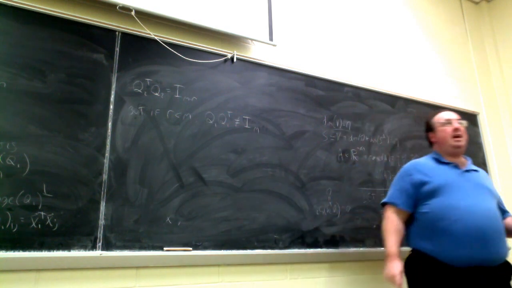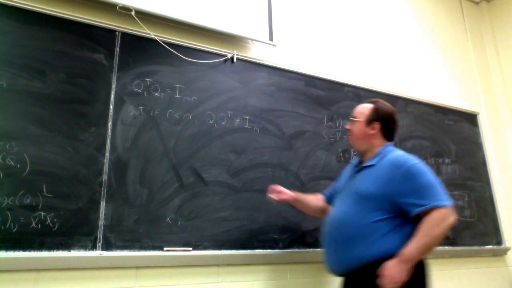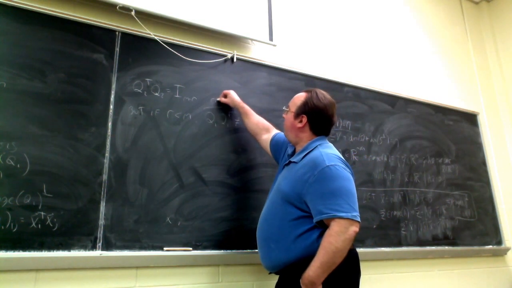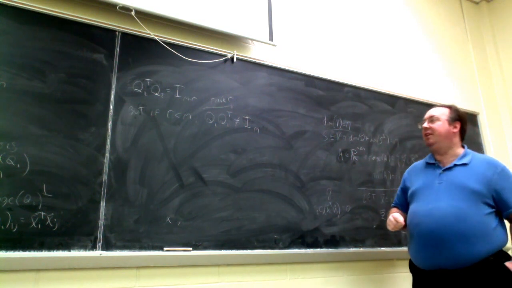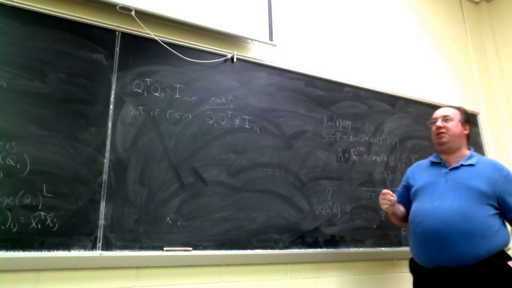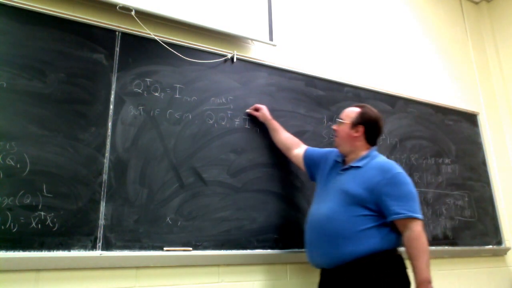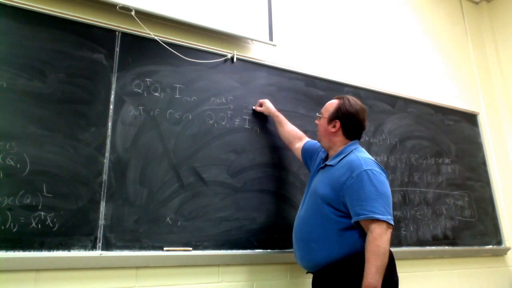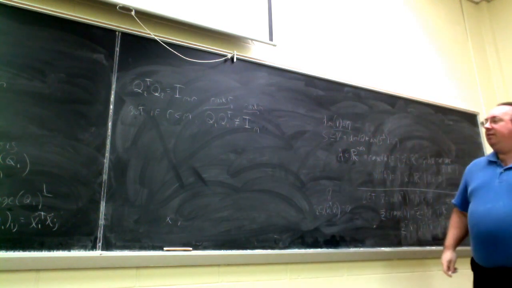It's going to be an m by m matrix just because of the dimensions of Q1, but it's not going to be an identity because this matrix only has rank r, whatever r is. So if you take an outer product of matrices of rank r, your product is also going to have rank r, whereas the identity has rank m. Okay.